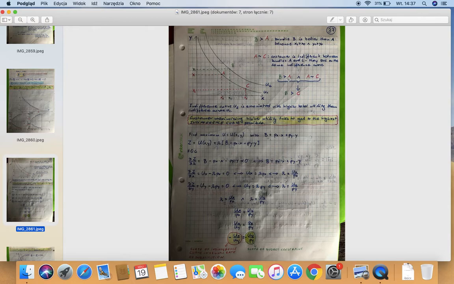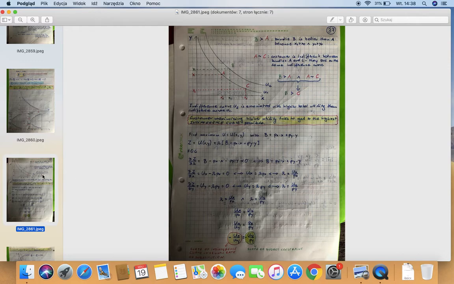If the customer prefers B to A, and A and C are indifferent to him, then the customer definitely is going to prefer B over C. And this brings us to the conclusion that each point on U2 must be better than any point on U1. So look, what the customer wants is to get to the highest possible indifference curve. So the indifference curves, while getting higher and higher, are getting better and better.